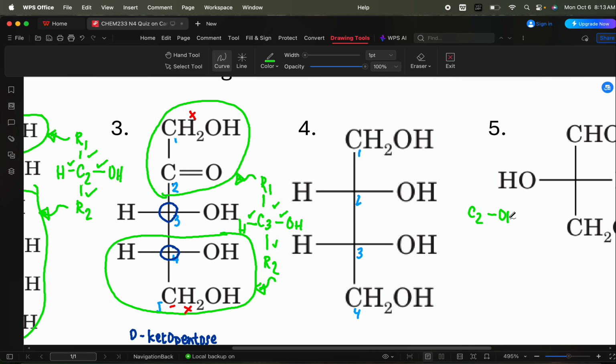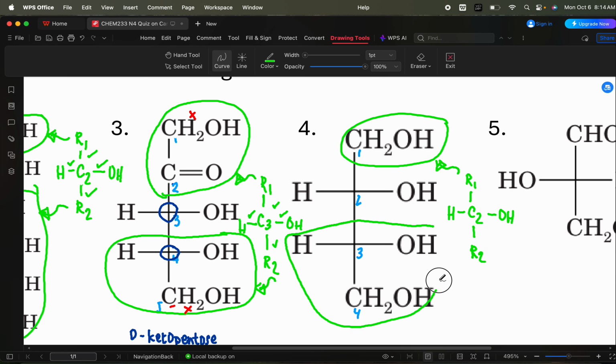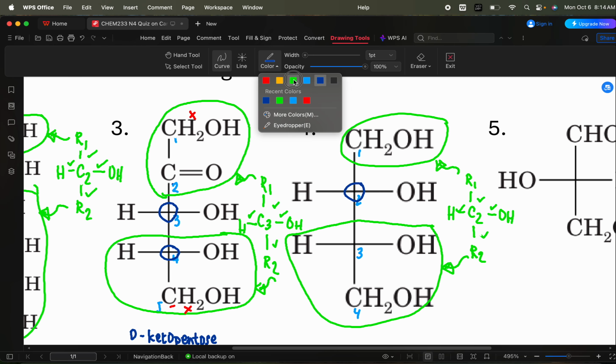It's bonded with an OH at the right, hydrogen at the left, and then we have one substituent group at the top and another at the bottom. R2 is considered this whole thing here. All are unique, each bond is single. So this is a stereocenter.